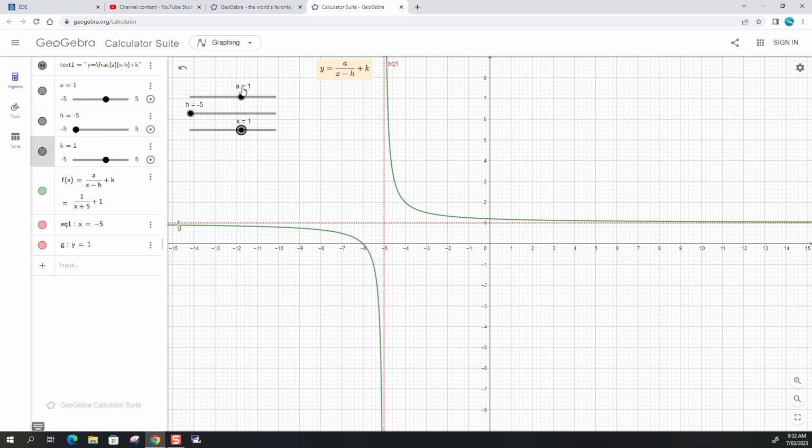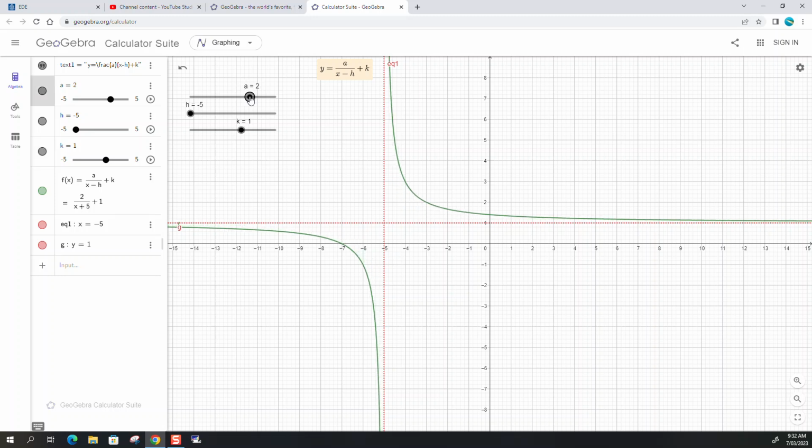Now, what about the value of a, the vertical scaling factor? Just think of this point here for a moment. This point is 1 step above the asymptote. If I make a equal to 2, then I've stretched this to be 2 units above instead of 1. The point that used to be 1/2 a step above the asymptote is now 2 times that, or 1 unit above.